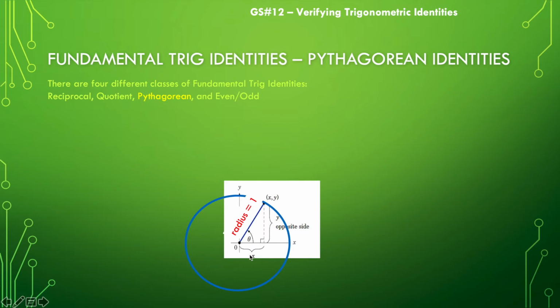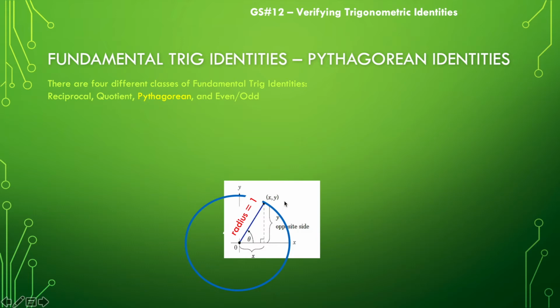And we have x here and y here. And when we have a right triangle, we know that the Pythagorean theorem holds, right? X squared plus y squared will equal r squared, which is 1 squared. Okay, so x squared plus y squared is equal to 1.